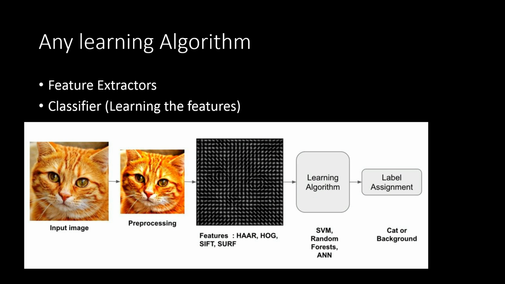So basically, for any learning algorithm, we need two things: a feature extractor, which extracts the features, and a classifier, which learns from the features. We have an input image, some pre-processing step, then we get the features using many traditional computer vision techniques like HAAR, HOG, SIFT, SURF. I'm talking about images and computer vision, but this applies even to text, audio and any other data. Then we give the features to a learning algorithm, which will learn whether it's a cat or a background.